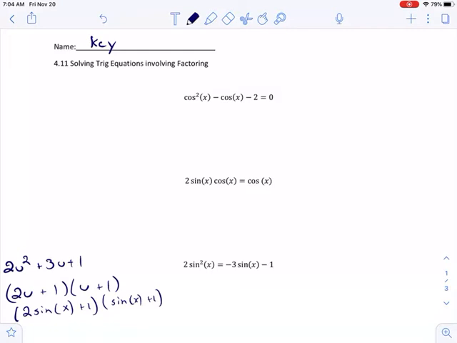So in our first problem here, generally I'd be trying to isolate cosine of x, but I run into the situation that cosine squared x and cosine x can't really be separated from one another.